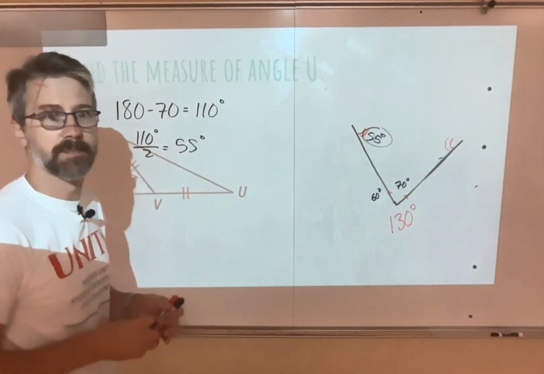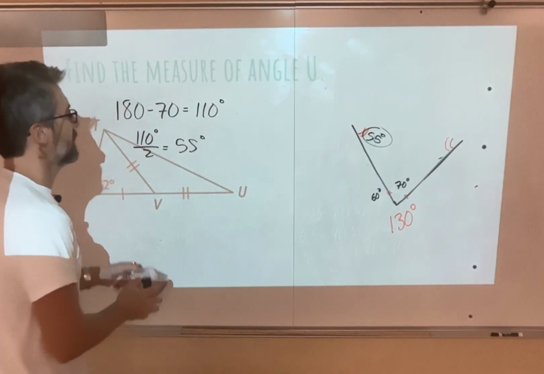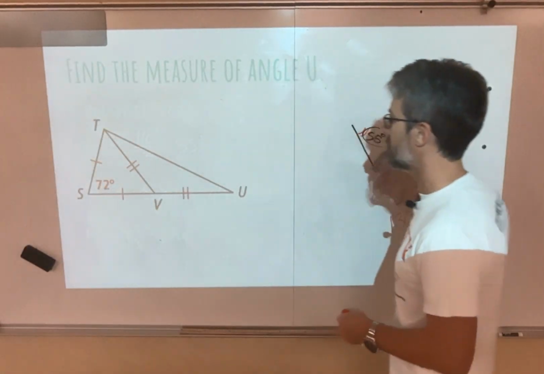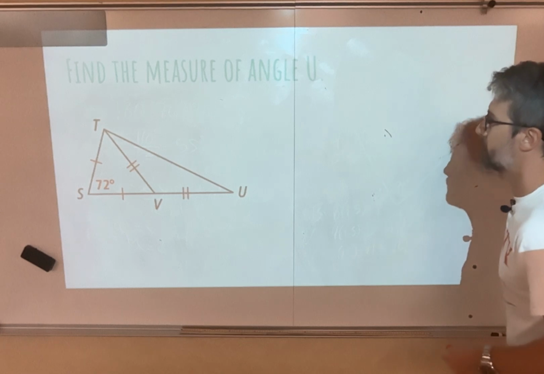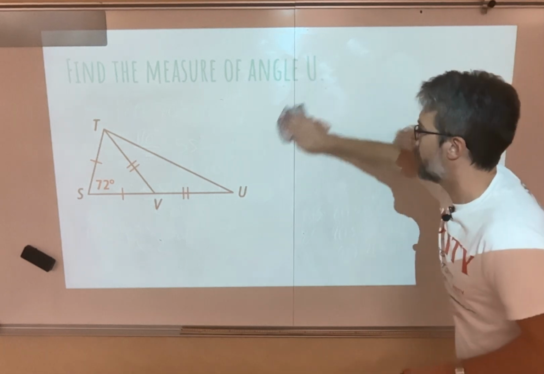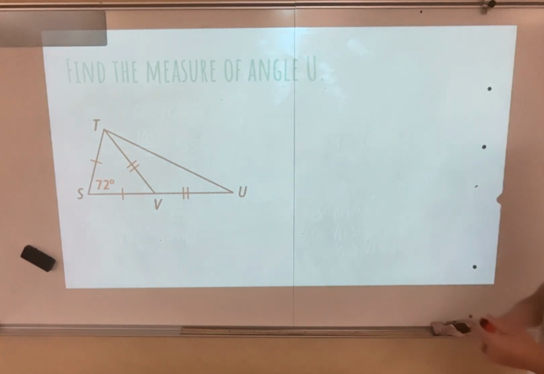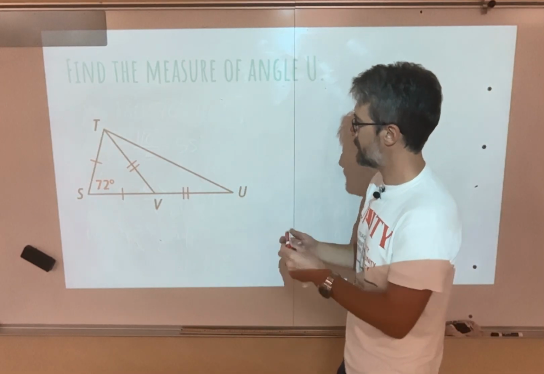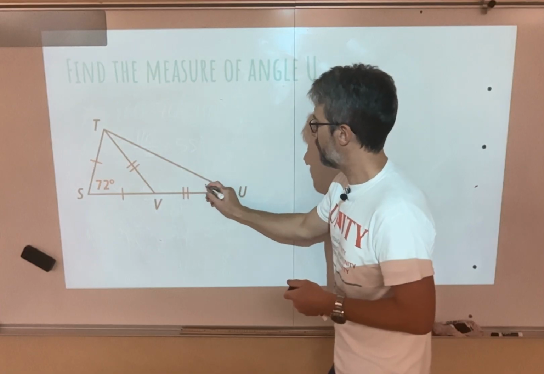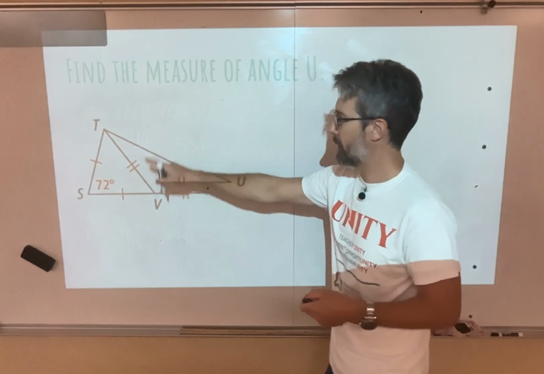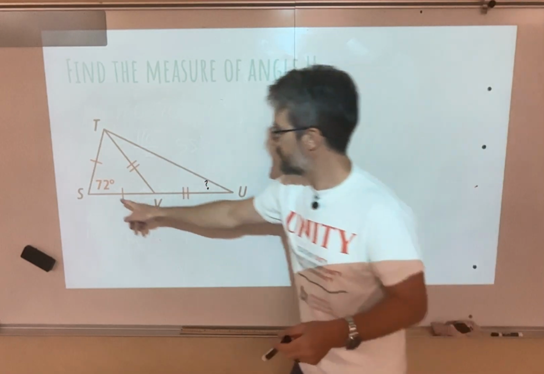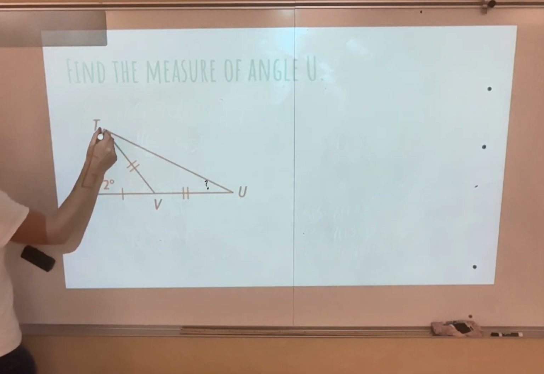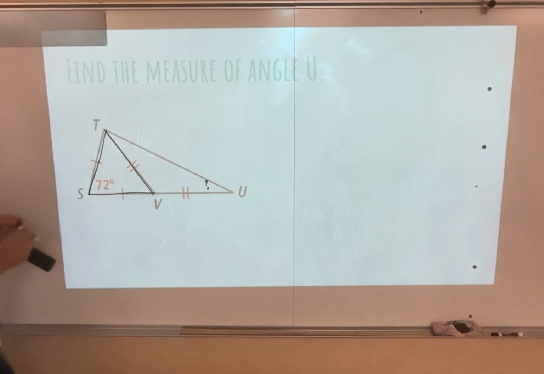All right, one more. Finding the measure of angle U in this diagram. Let's see what kind of information we have here. So now we've got, it looks like a couple of isosceles triangles that are put together. I'm trying to eventually get to angle U right here, but I'm going to need to find my way there, right? I know this is 72, and I know that this triangle is isosceles. It's not equilateral.